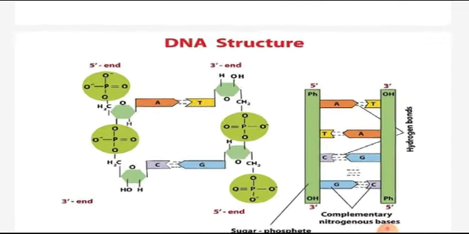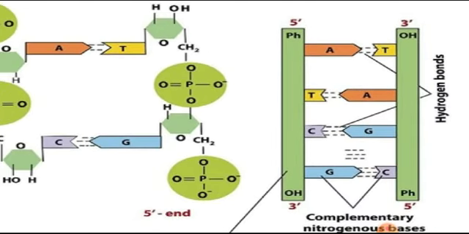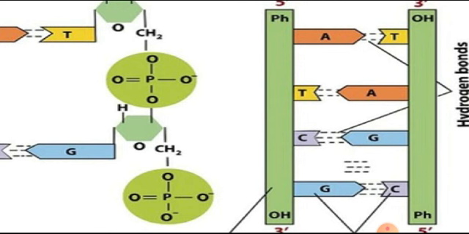Here we can see the structure of DNA in detail. DNA consists of two polynucleotide strands. These two strands are anti-parallel, that is, they are in opposite directions. The polarity of one strand is 5' to 3' direction. The other strand has 3' to 5' polarity. The backbone of this helix is composed of phosphate group and sugar.